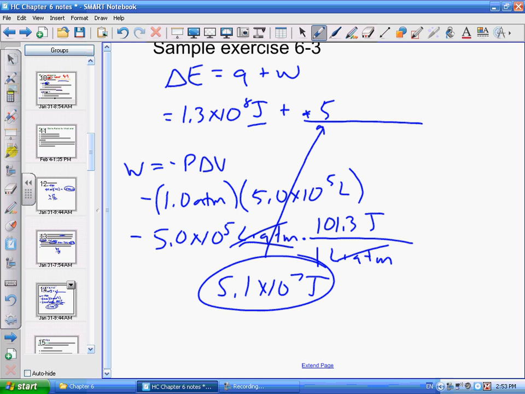So negative 5.1 times 10 to the 7th joules. And by the time I add these two things together, I end up getting 7.9 times 10 to the 7th joules.